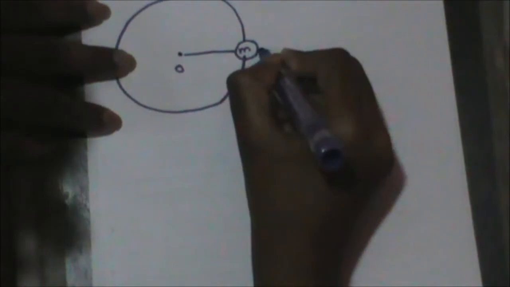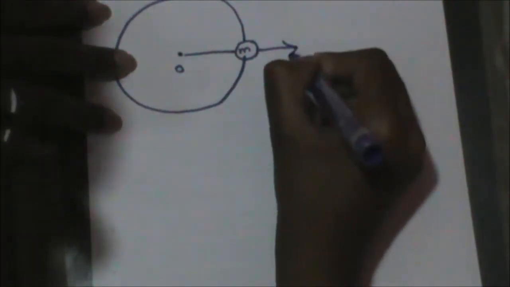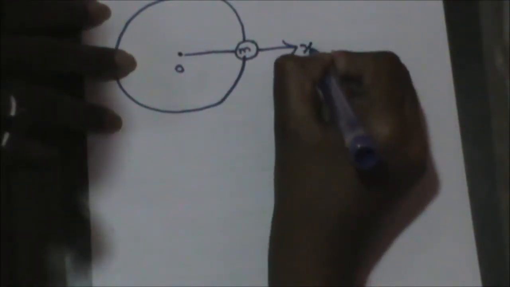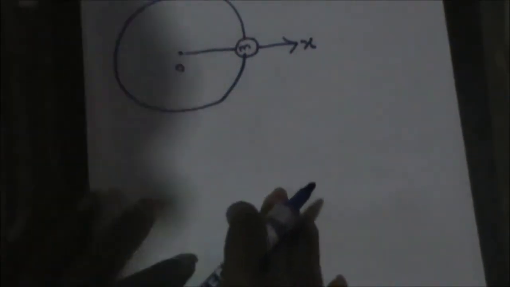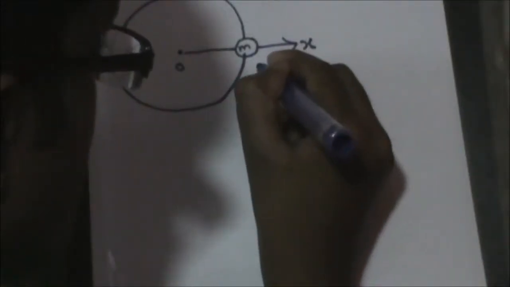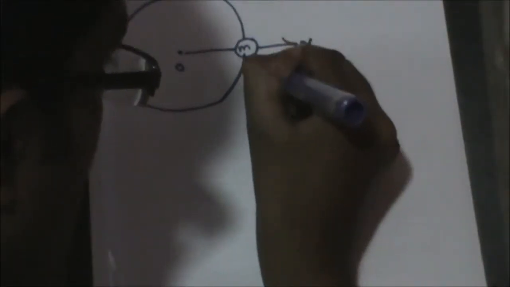This is the x and y coordinates, the Cartesian plane. I will draw only the x-axis, because although it's actually a three-dimensional motion, I am drawing a two-dimensional plane. I call this position A, the initial position.